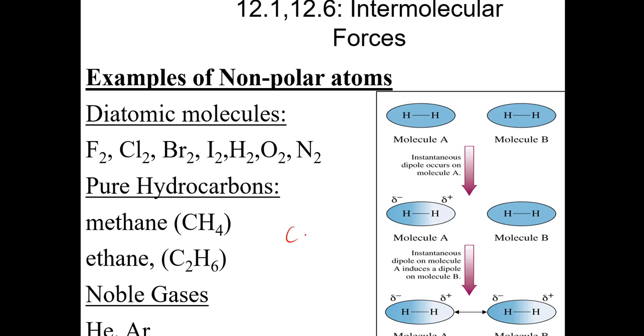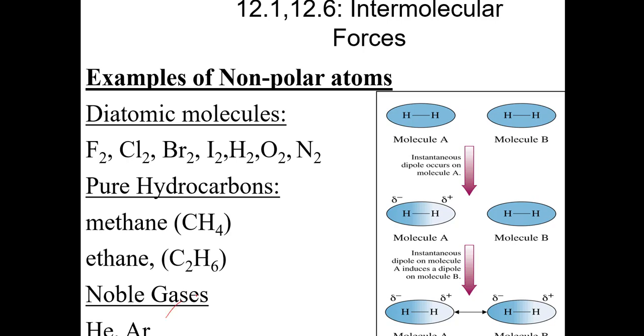Why is that? Because no matter how big and ugly the molecule is, it turns out all of the dipoles cancel out. So they have no overall dipoles, therefore it's going to be London forces generating those temporary dipoles.